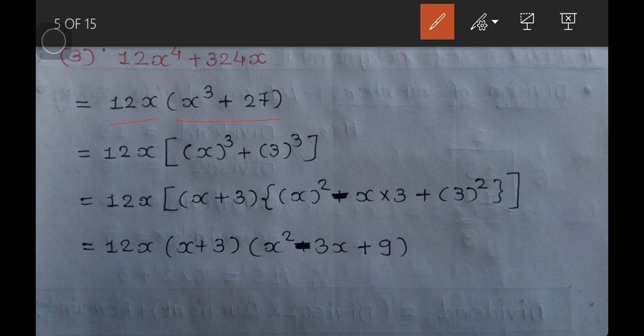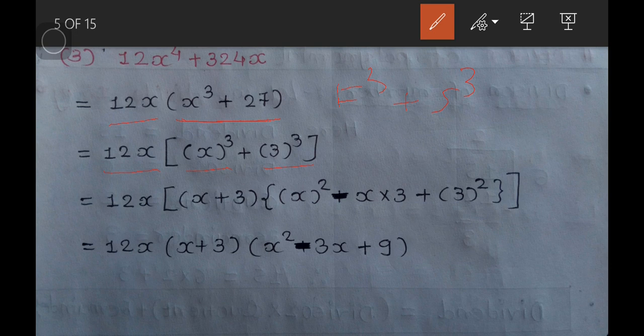So now in the bracket we can use method number 3 to factorize this. So 12x as it is. Now we can see that x cube is the cube of x and 27 is the cube of 3. So now we can use our formula, that is f cube plus s cube.